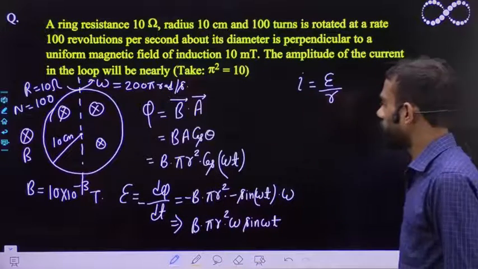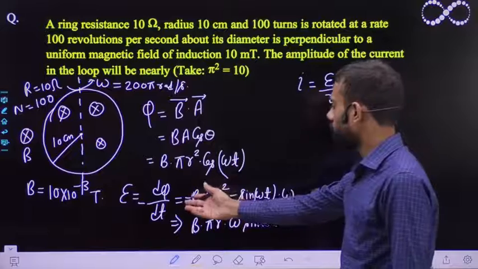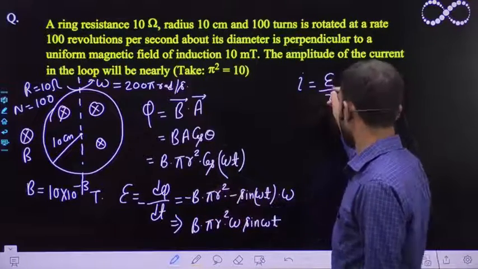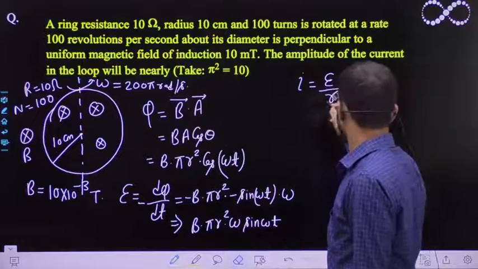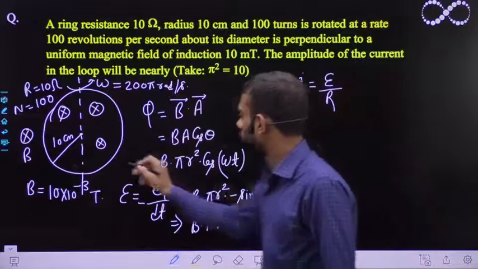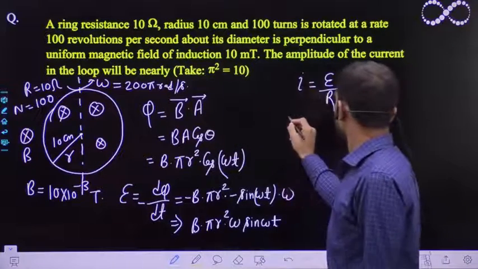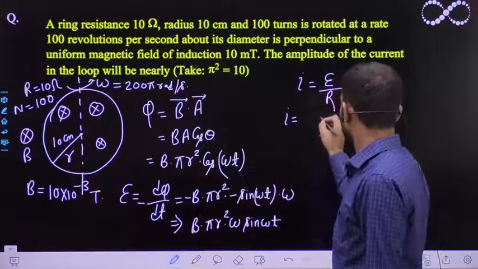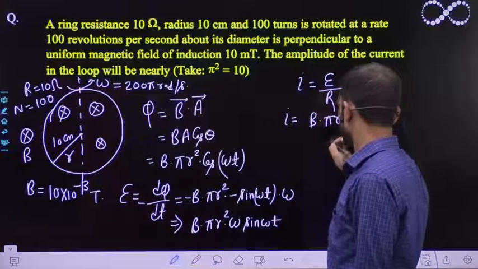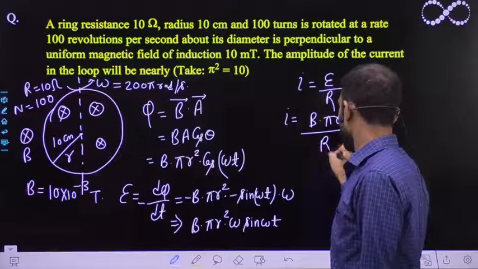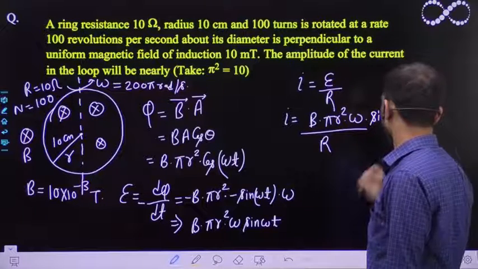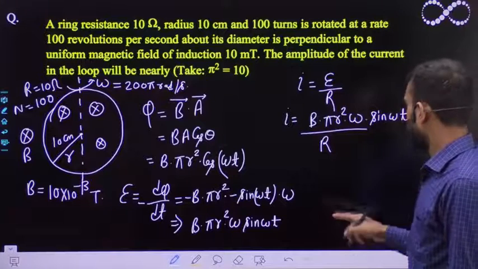So I is E upon capital R. Capital R is the resistance here, and small r is the radius. So I is equal to E upon R, that is B into pi r square into omega upon R into sine omega t. So this is the I coming.